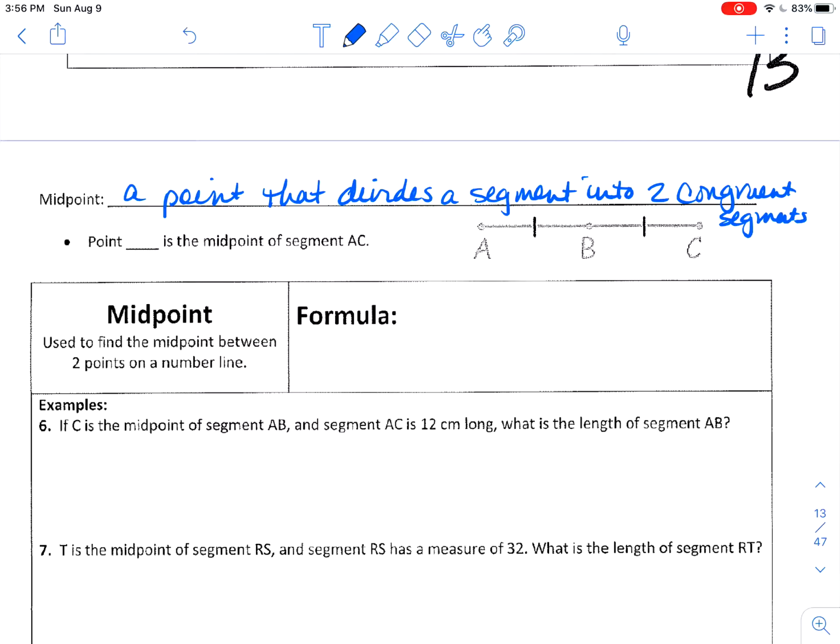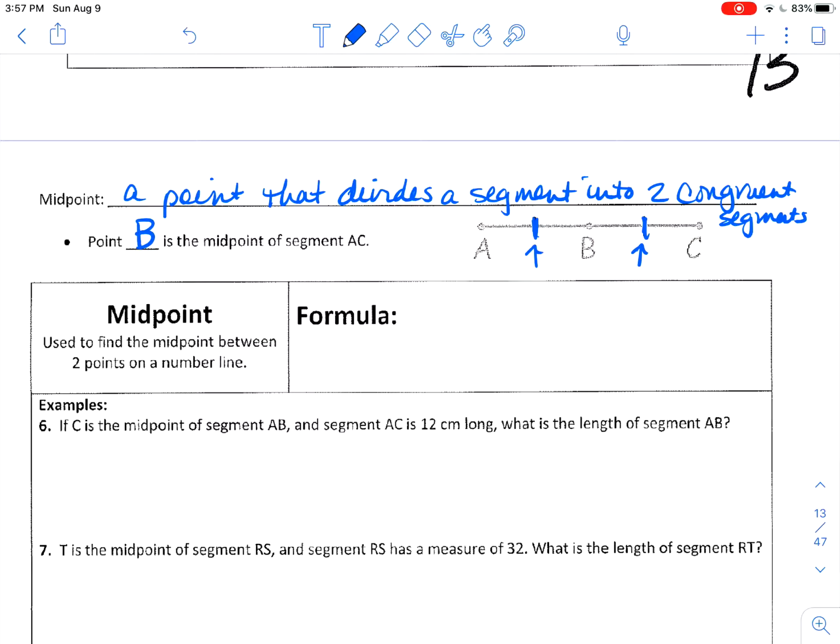So in this diagram here, from A to C, this is the symbol for identifying that these two segments are congruent. A little hash mark is identifying segment AB congruent to BC, and so point B is the midpoint of segment AC. Remember, a midpoint is exactly halfway between.